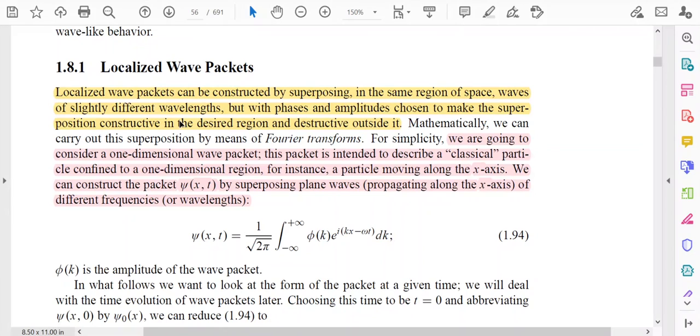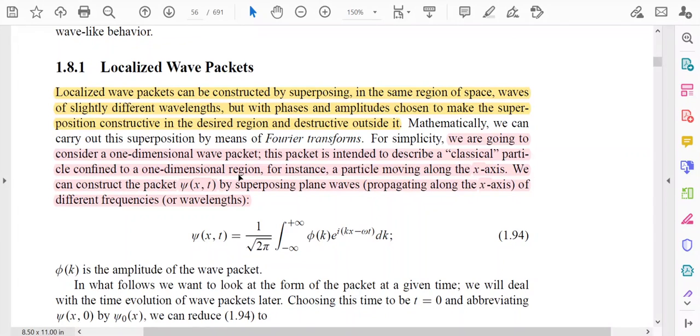as we are discussing. For simplicity, we are going to consider a one-dimensional wave packet. So the wave packet is one-dimensional in nature. This packet is intended to describe a classical particle confined to a one-dimensional region.